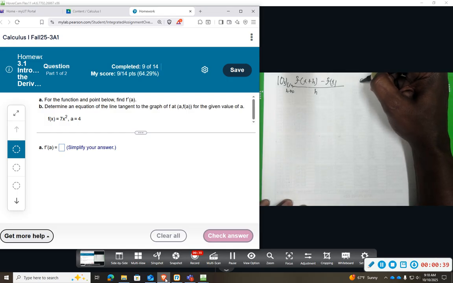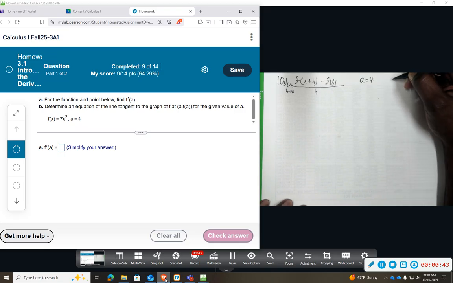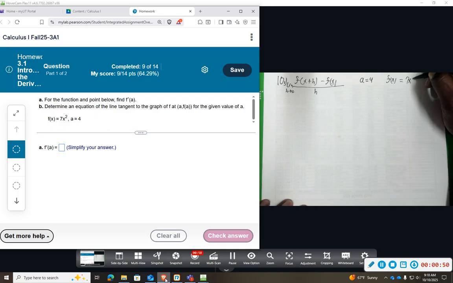Again, they're giving us a is equal to 4. So this is your original x value. f of x, your original function, is equal to 7x squared. So I need a point whenever I get ready to write the equation of a tangent line. So given an x value, I need a y value.